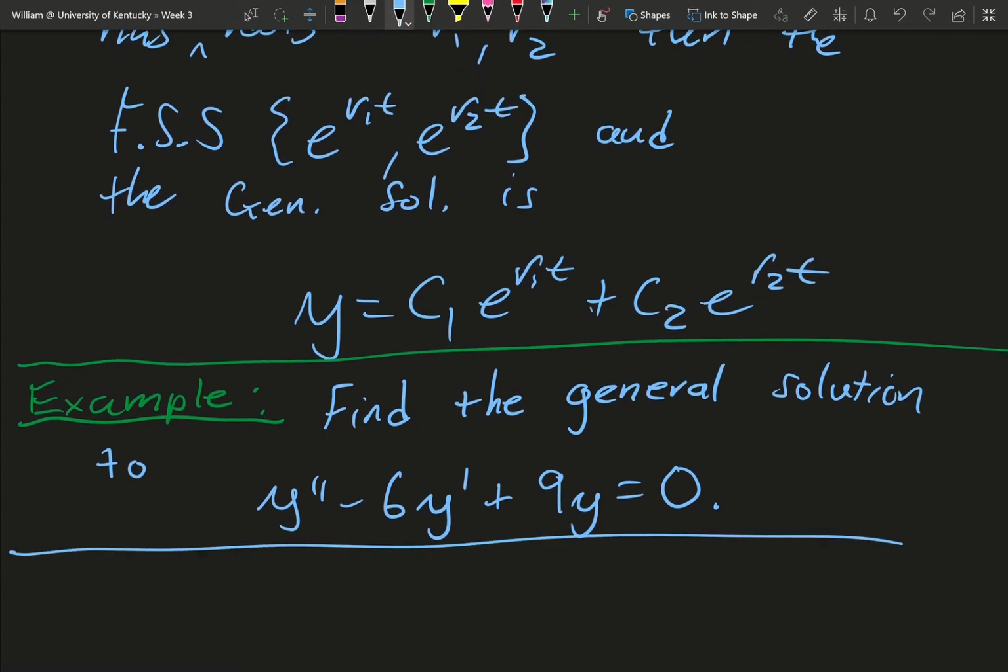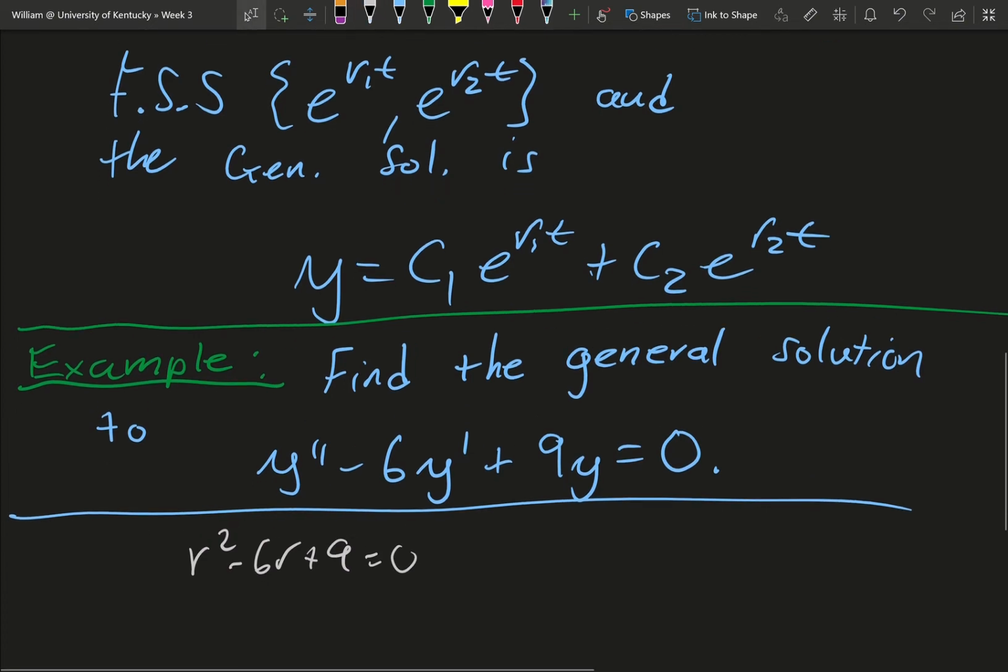Okay, so we go ahead and write down our characteristic equation. We can see that this factors really nicely as r minus 3 times r minus 3.